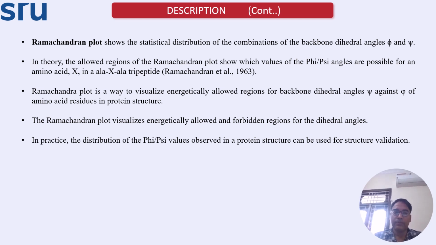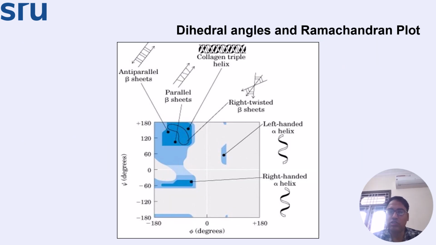So see, this is an example of a Ramachandran map. There are specific dihedral angles taken up by different secondary structure elements. The antiparallel beta sheet, see, N to C and C to N is on the opposite side.